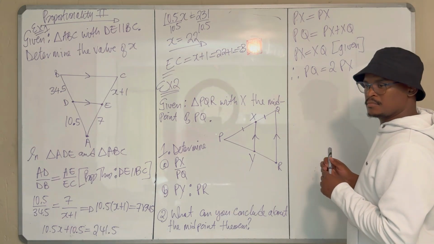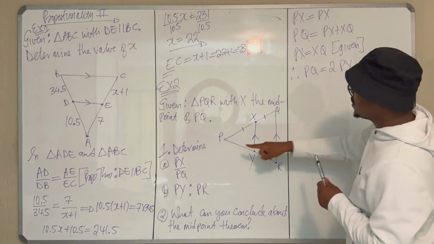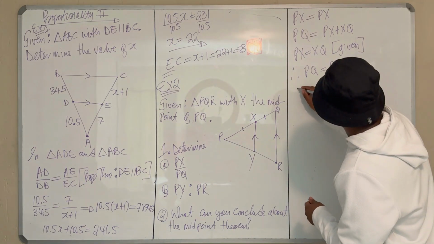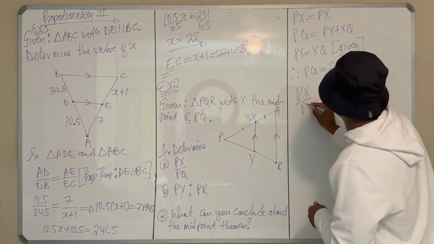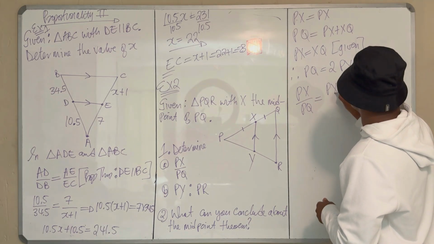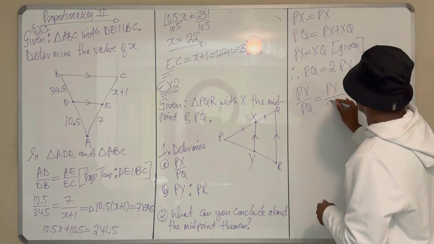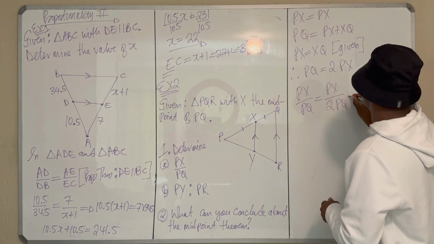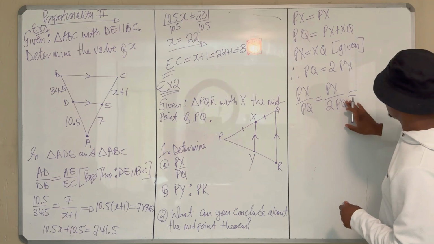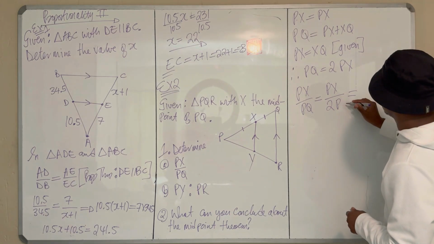So if you want the ratio of PX to PQ, it's going to be PX over PQ is equal to PX, right? So you can say PX over 2 times PX.